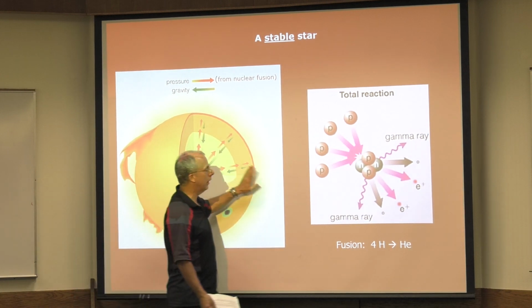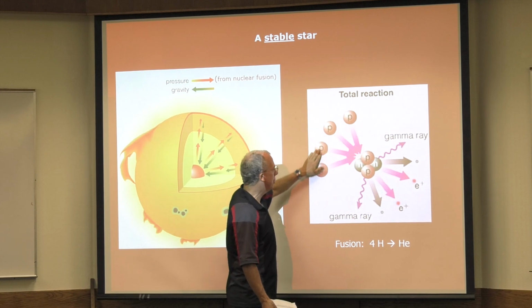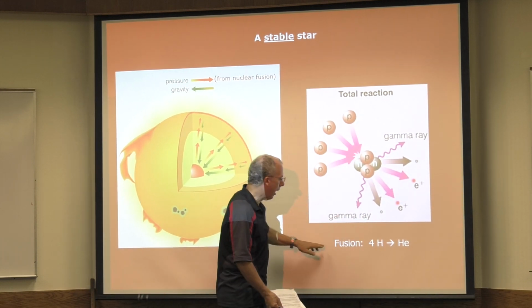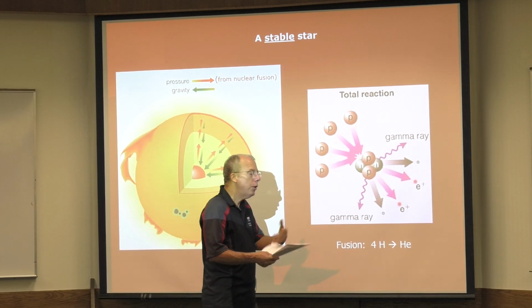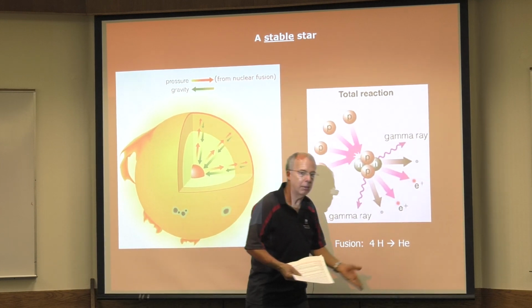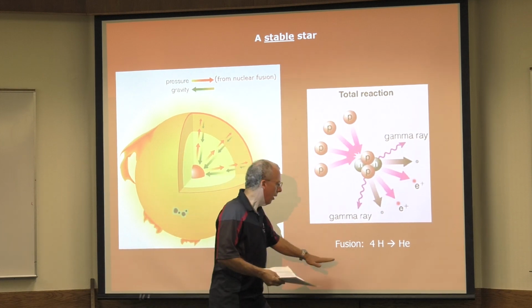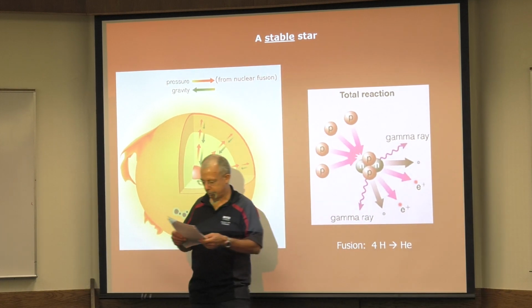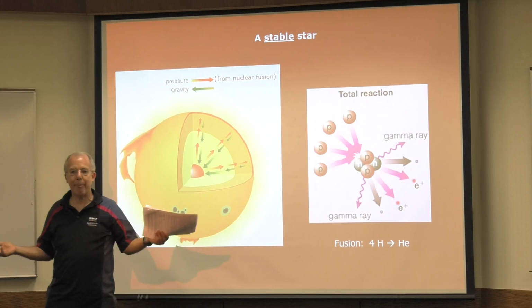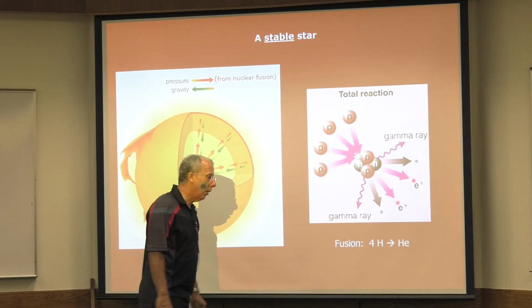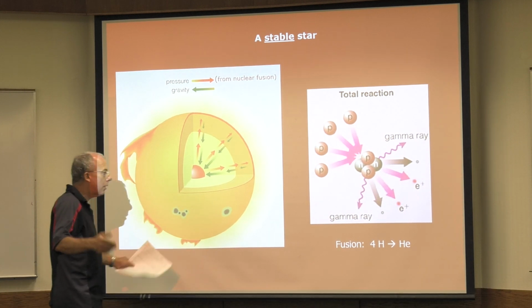Eventually, all of the hydrogen, in other words the single protons, is going to be fused into helium. And when you have no more hydrogen left, what's going to happen to this reaction? It's not going to happen, right? Because there's no more hydrogen to fuse into helium. Okay, so then what happens?